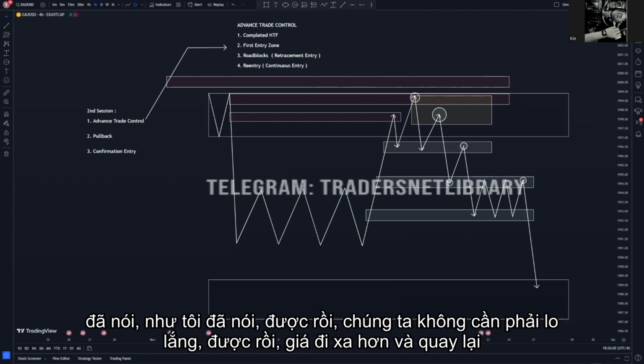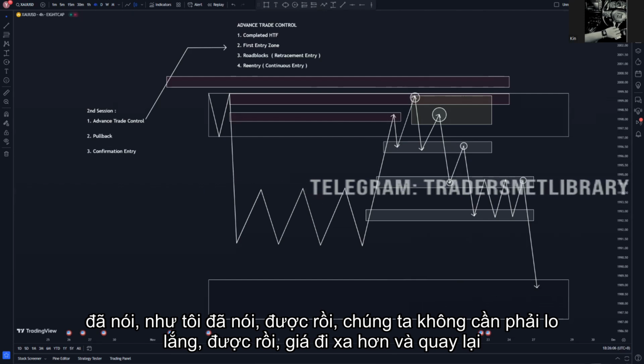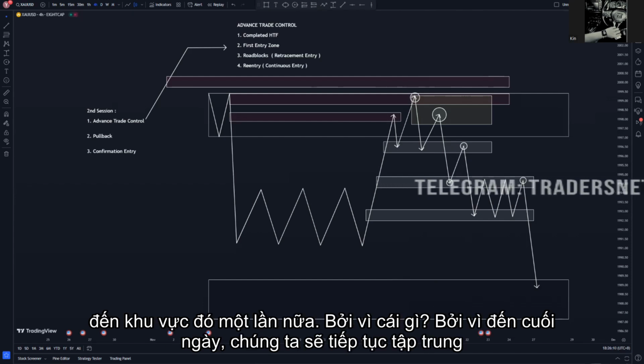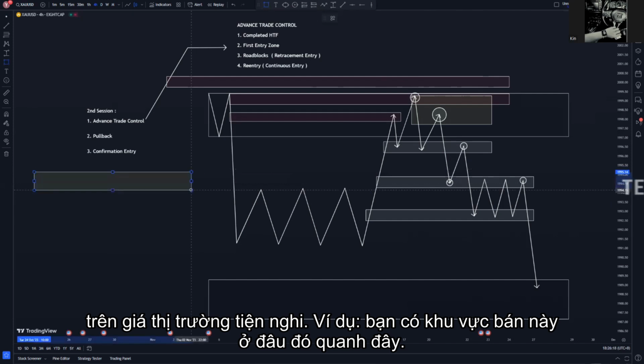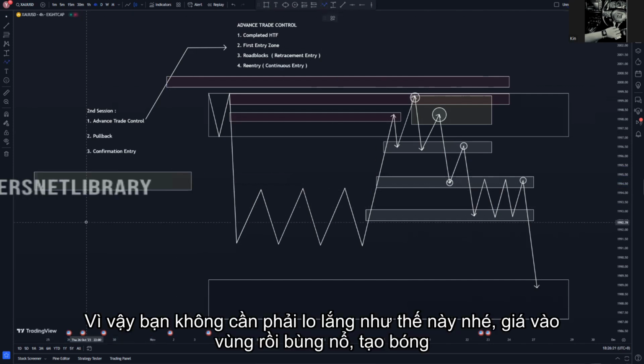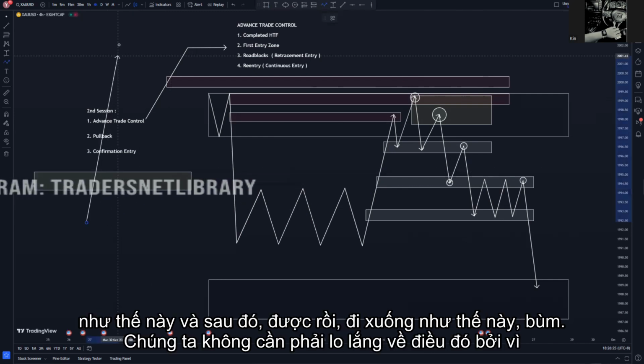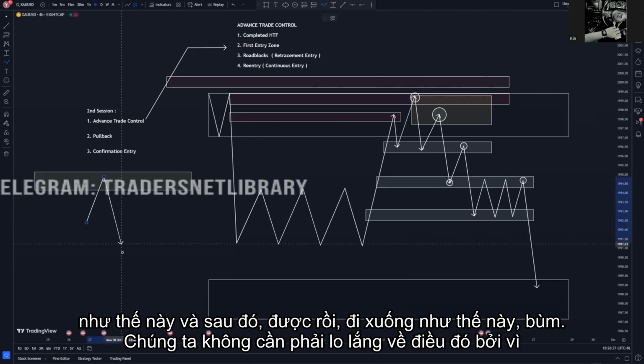No, like I said, we don't need to worry about the price going further and coming back to that zone again. Because at the end of the day, we are going to keep focusing on the current market price. For an example, you have this sell zone somewhere around here. You don't need to worry if the price gets into the zone and creates a shadow like this and then goes down.